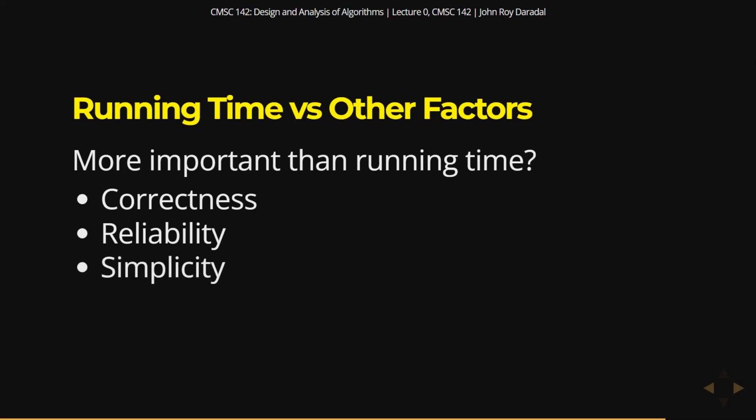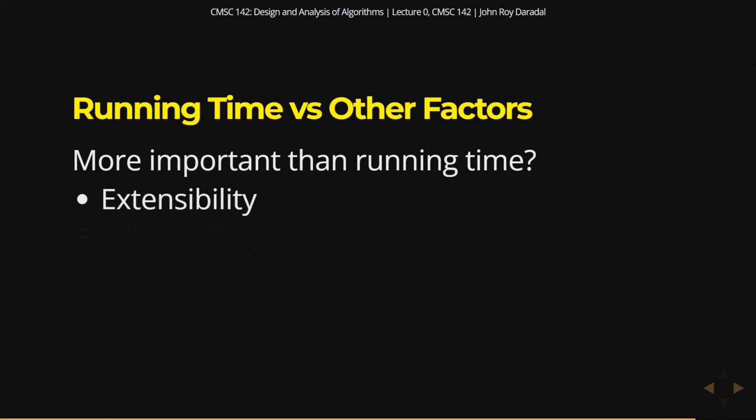And then maybe you also want to keep the code simple. Instead of pushing for a faster running time, you just want to keep your code simple, so you keep it as is. And similarly, you have maintainability, extensibility, functionality. Maintainability: is the code maintainable? Can you revisit it, let's say, a month or a year later and still be able to figure out what the code is doing? Extensibility means that you can add more code after that. Same with functionality: can you add more functionality after that?